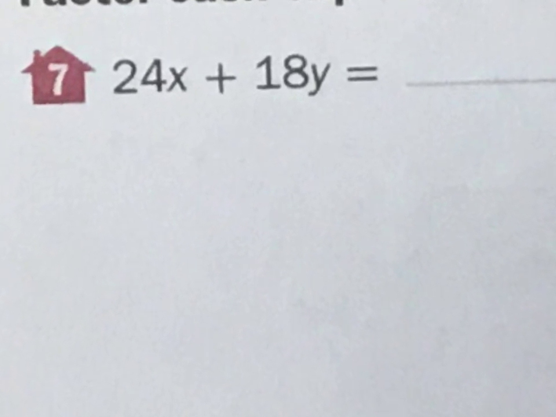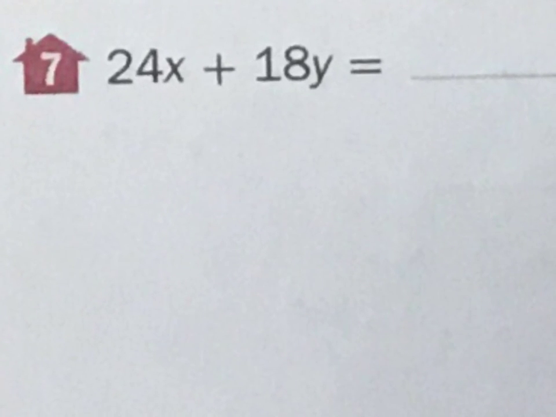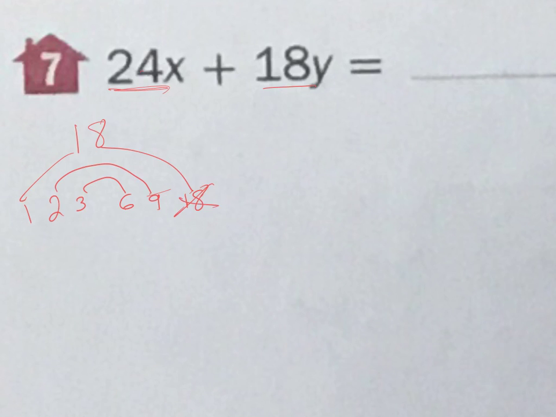Okay, so if I'm going to factor this, I go to the smallest number, which is 18. I do my little rainbow factor. 1 and 18, 2 and 9, 3 and 6, 4, nope, 5, no, I'm done. Let's see which one goes into 24. 18 does not.